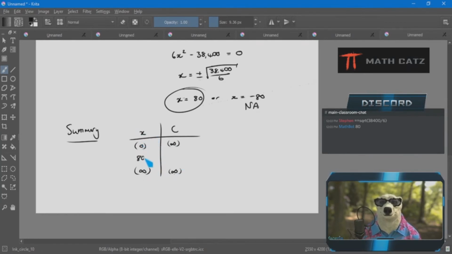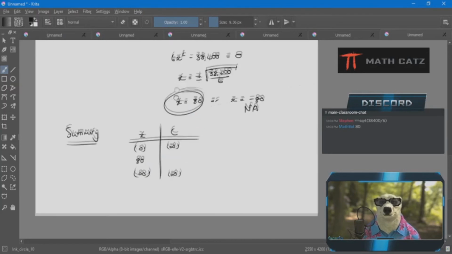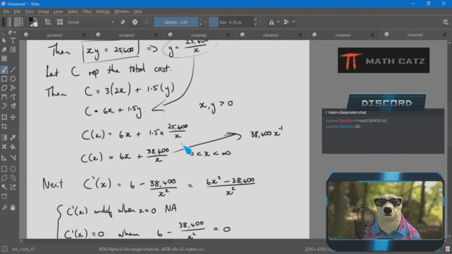The only thing of interest that falls within my practical restrictions is this 80. What does it cost? When x is 80, I can go to this function, but seeing it's going to be the answer, I might as well find y and look at this nice simple version of the cost function.